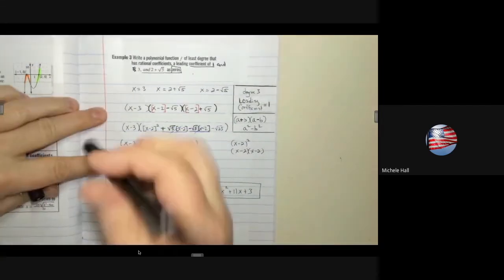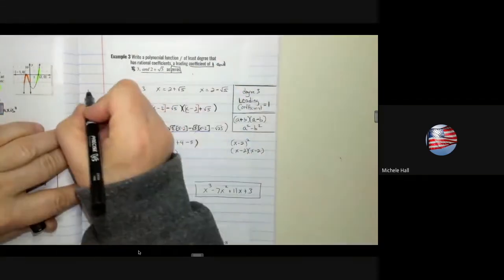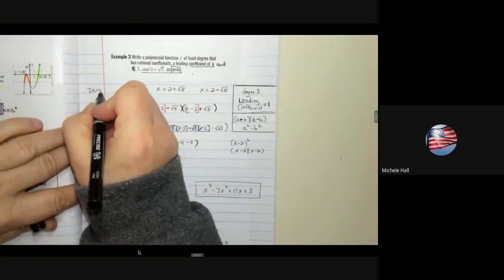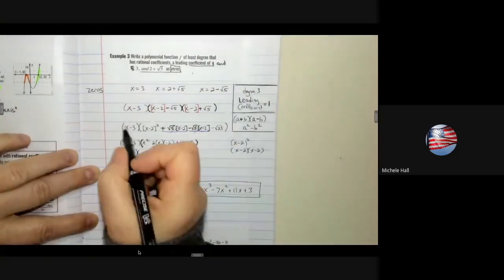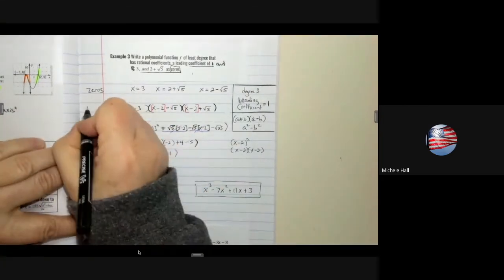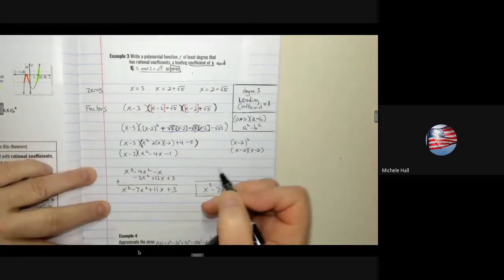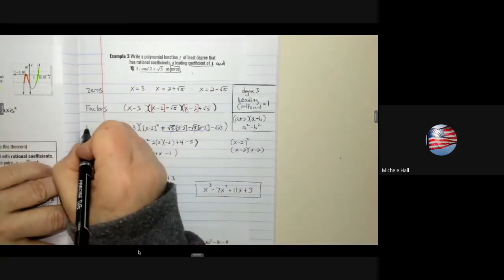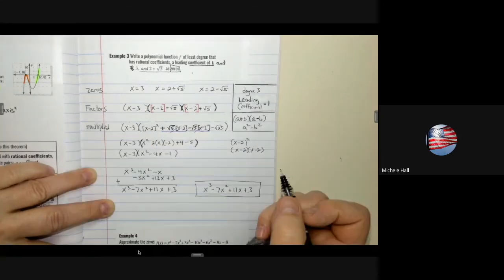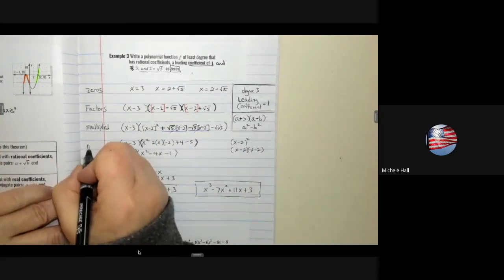We started with the zeros. We have factors. We multiplied. And then we multiplied again.